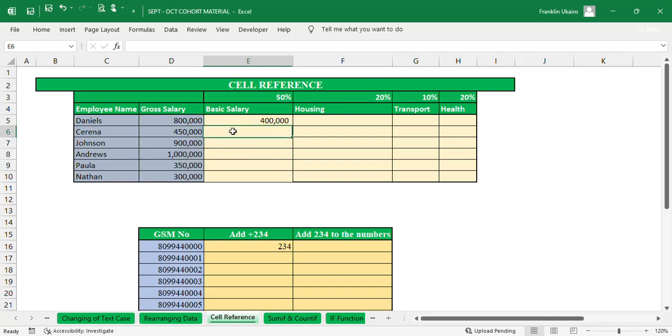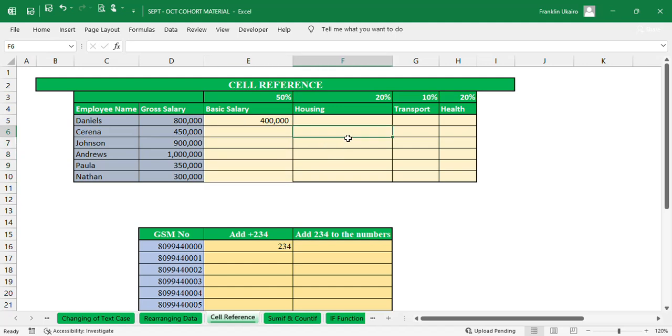Excel was busy picking different cells and multiplying with these guys, thereby giving us wrong answers. But if we make 50% a constant, that means we are saying do not move. Stay where you are and multiply everybody here and put the answers here. Then you can actually autofill and get the answers correct.